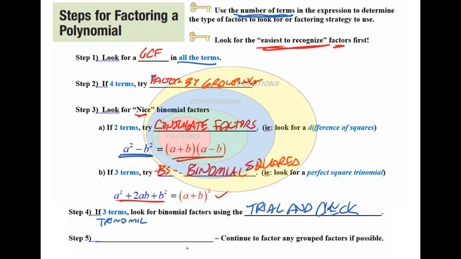And then step 5, we want to make sure that we factor completely. And that just means that continue to factor any group factors if possible. So to factor completely, we kind of showed you in that first example. So I'm just going to go back up and then I'll generalize this again.